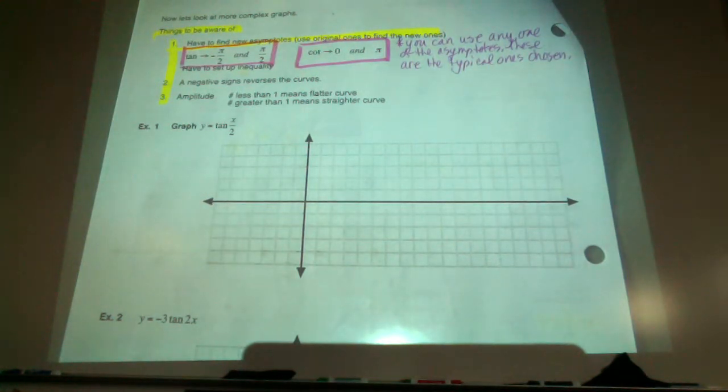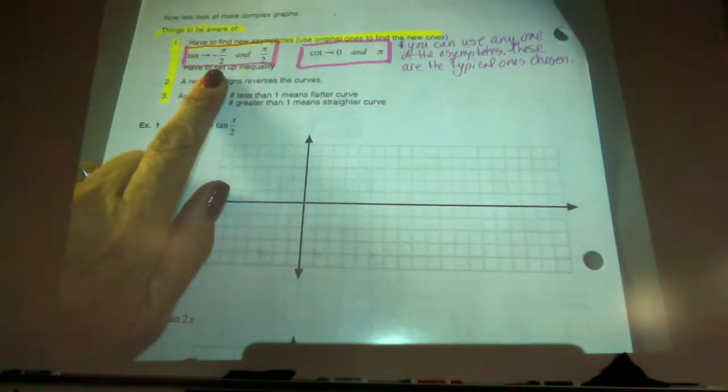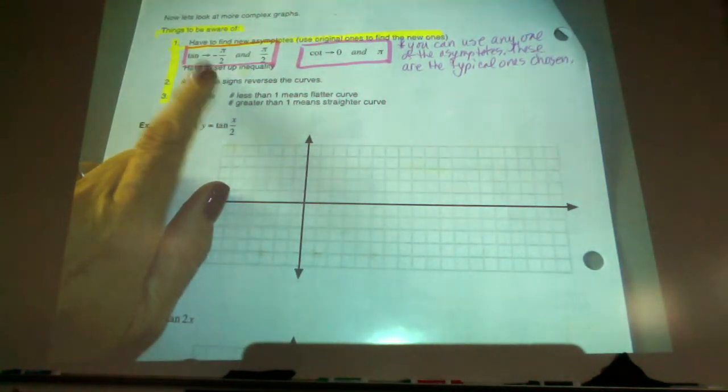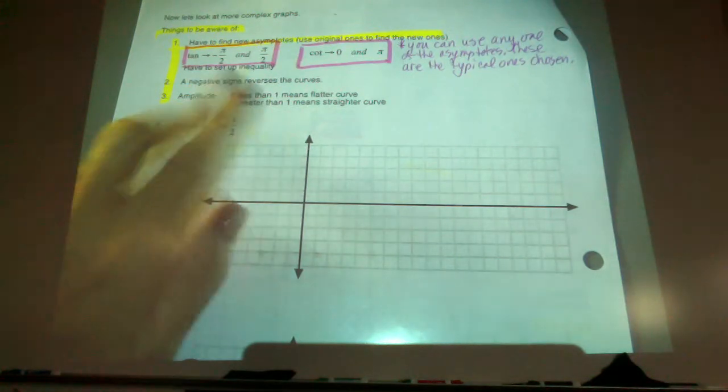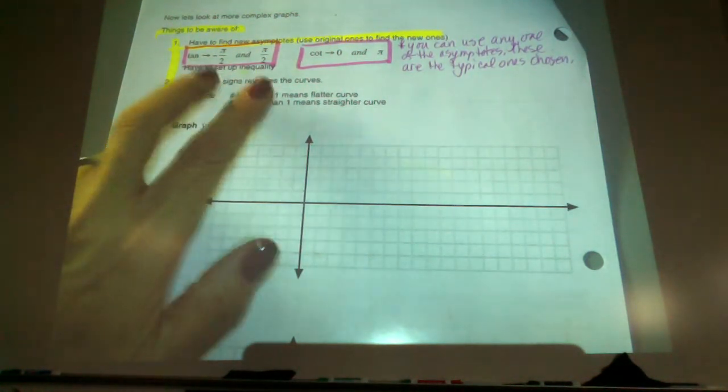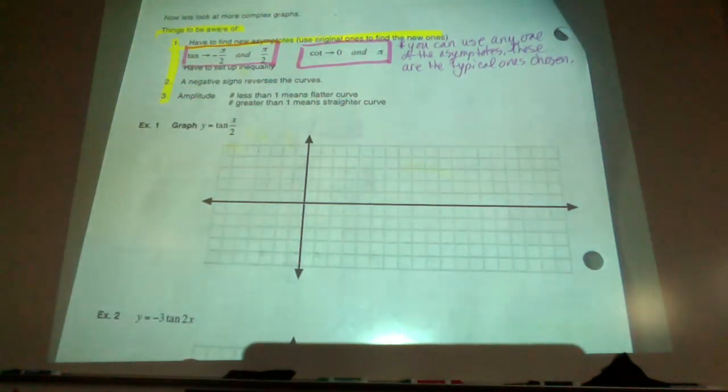Yes. Is the first one like negative pi over 2, is the second one supposed to be pi over 2? No, that's what I'm saying. Instead of using negative pi over 2, you can use 3 pi over 2 in place of it because 3 pi over 2 and pi over 2 are the same distance apart, asymptote-wise, as those are. The number for 3 pi over 2 is just bigger than negative pi over 2.